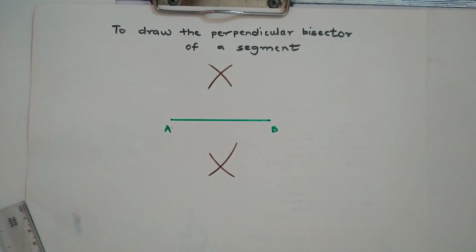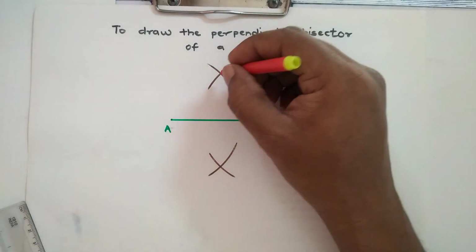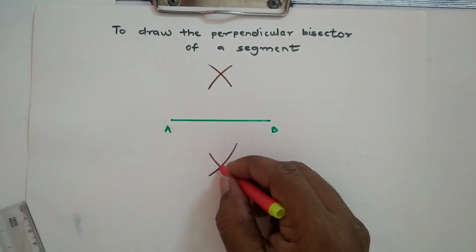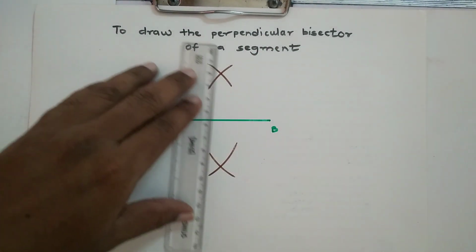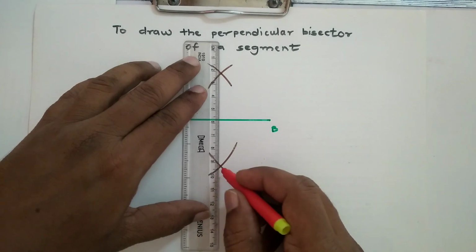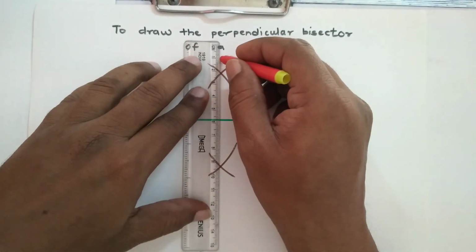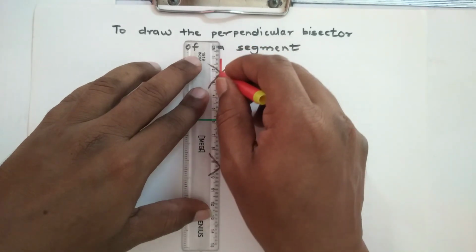Now we will mark the point of intersection of the arc, then place the ruler properly and we will join these 2 points and we will get the perpendicular bisector of segment AB.